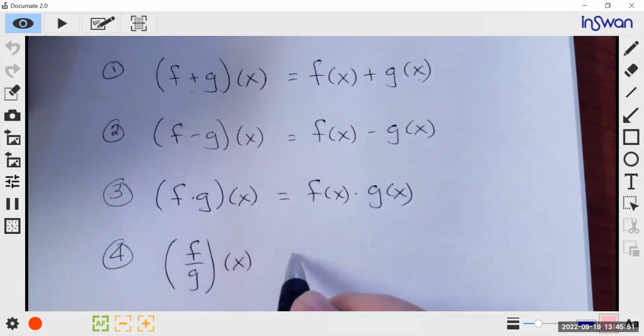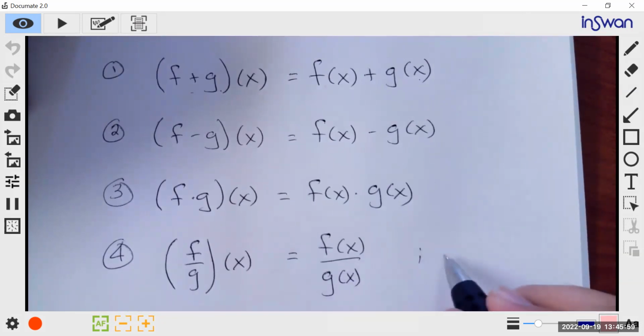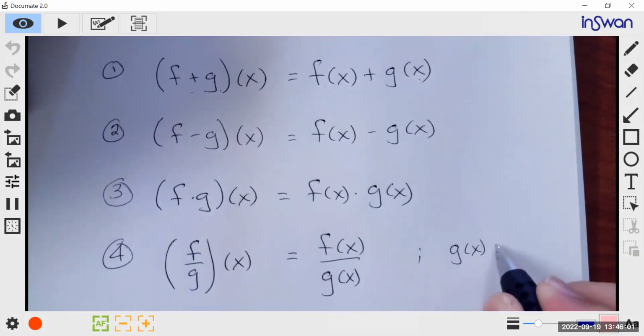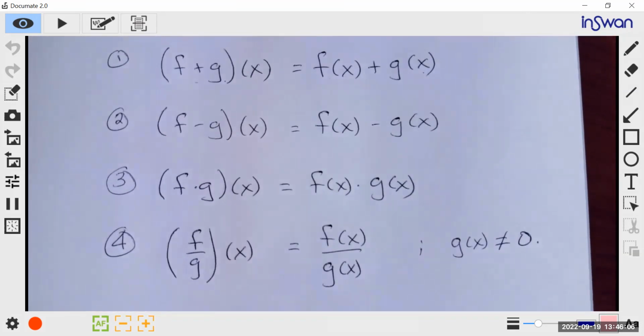And the last one, f over g of x is the same thing as f of x over g of x, where g of x cannot equal 0. It looks complicated right now, but once I give you the example, it'll make more sense.